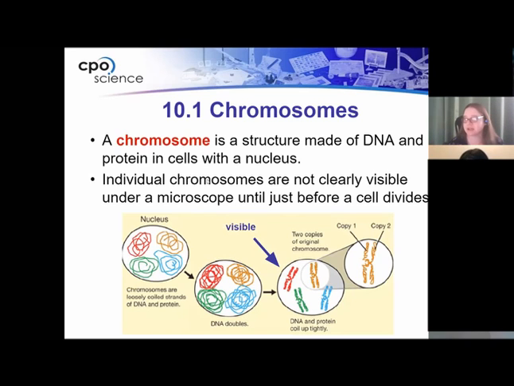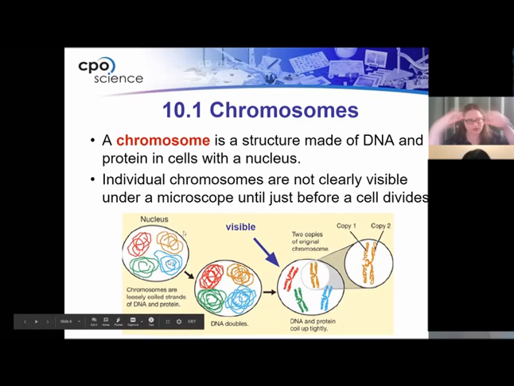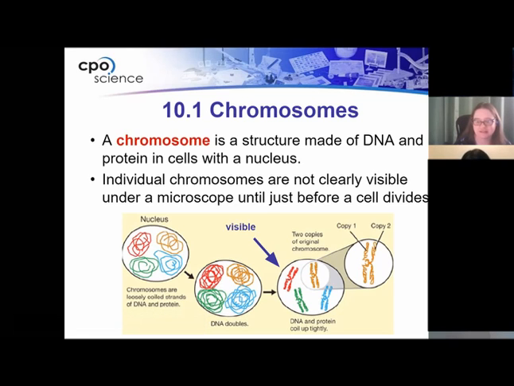Individual chromosomes are not clearly visible under a microscope until just before a cell divides. So right here, we have inside our nucleus all these random squiggles. The random squiggles, that's the scientific term I'm going with today, kids.